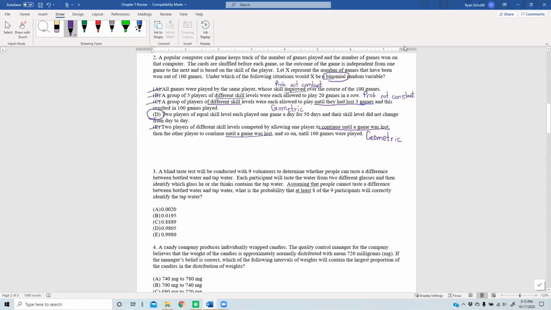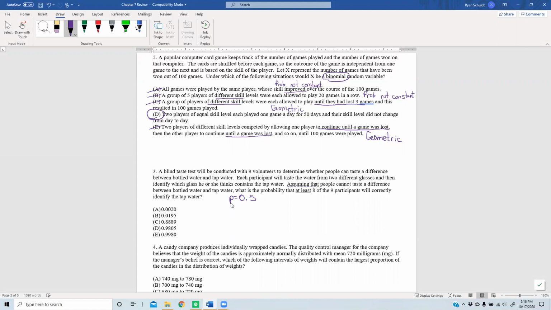So here, notice that we're assuming people cannot taste the difference. That means our probability of success is 0.5. They want at least 8 of the 9.